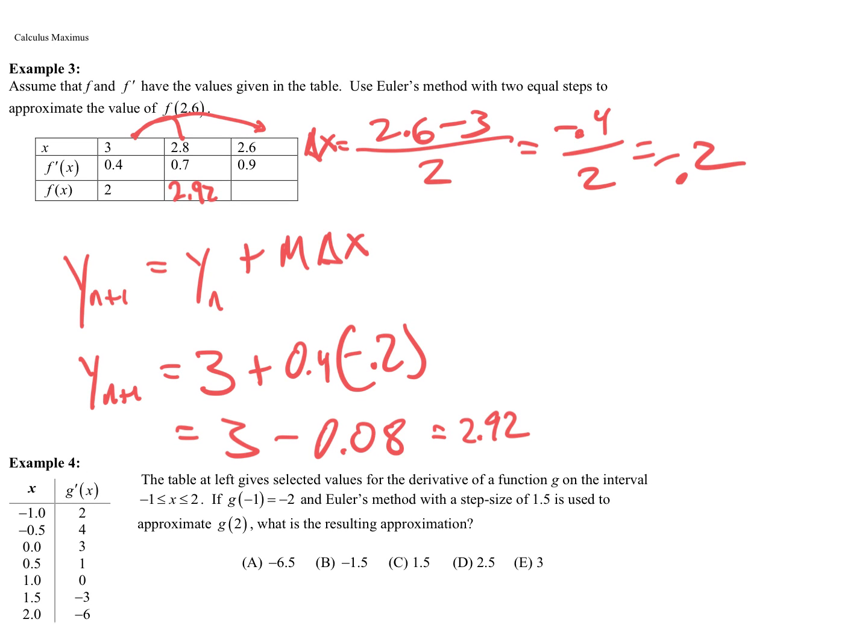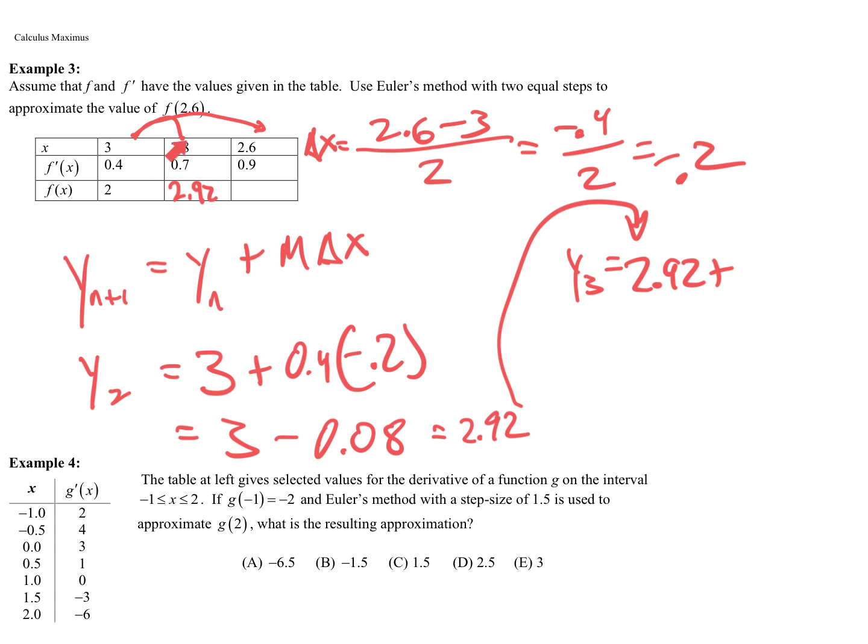All right, well, let's find the next one. The third point, I guess we could call this, is the second y value, the first y value being what we started with there. And so the third y value would be y2. That'd be this one here, 2.92, plus the slope.